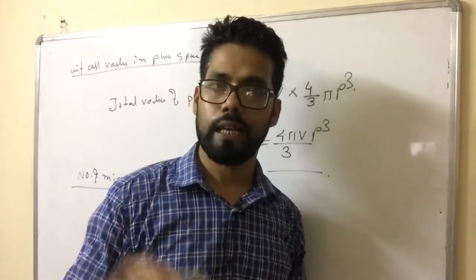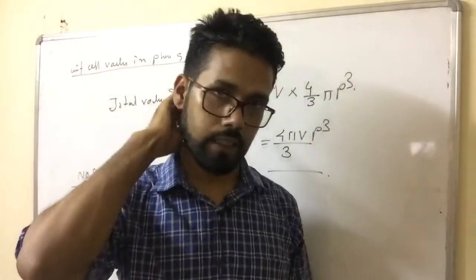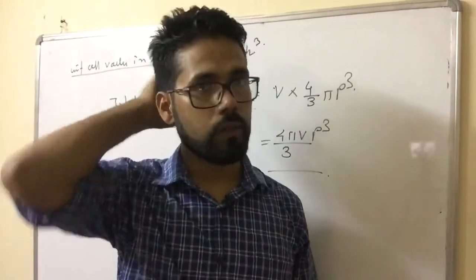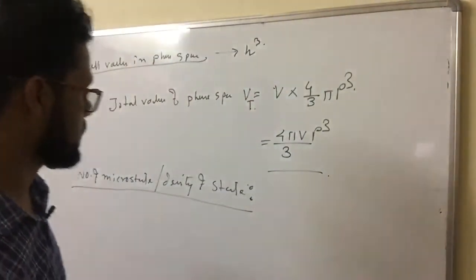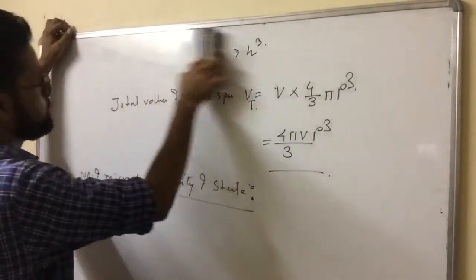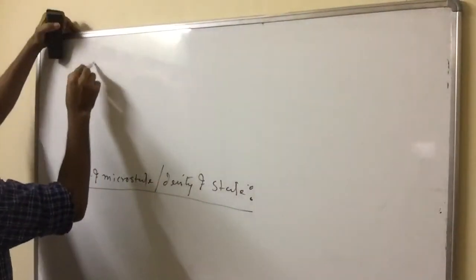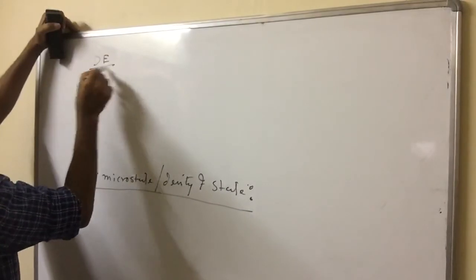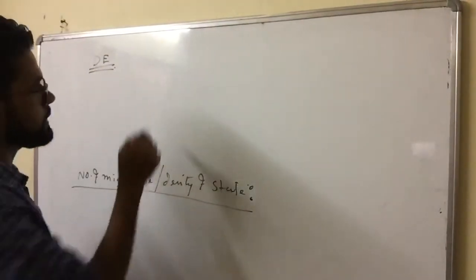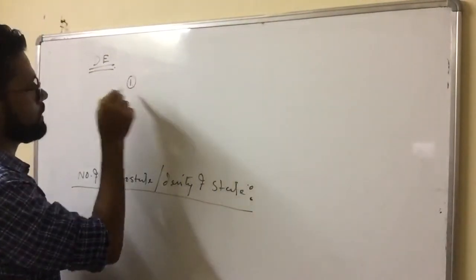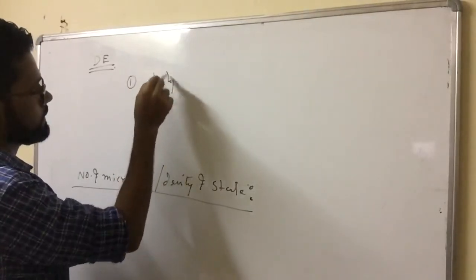Also, if you are confused, I have a lot of videos on my YouTube channel, and for a competitive exam you can see what type of question comes in the exam. So I simply write density of state. Don't be confused, I am not going to write it again and again.